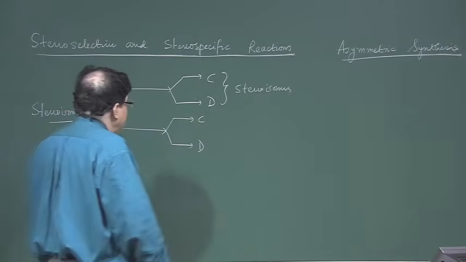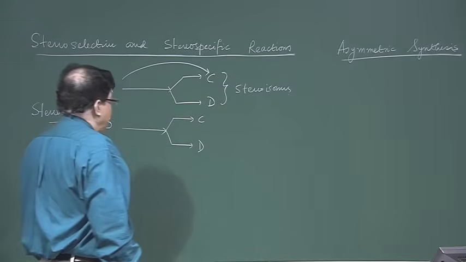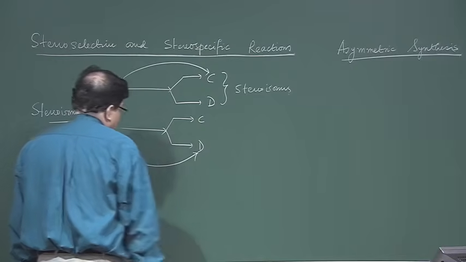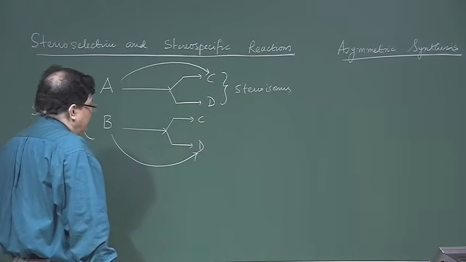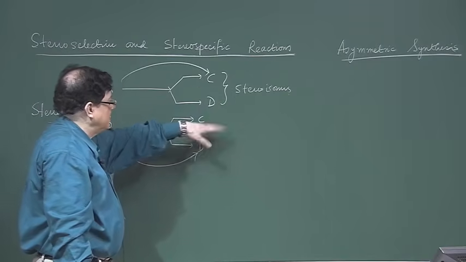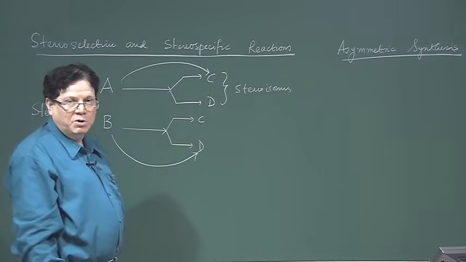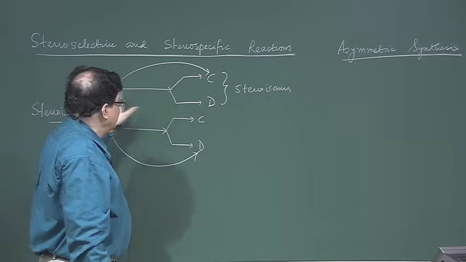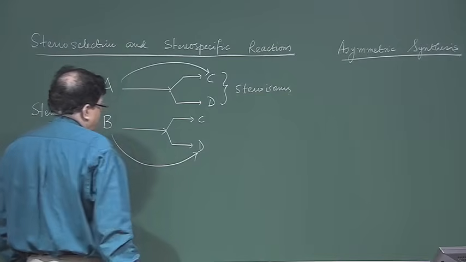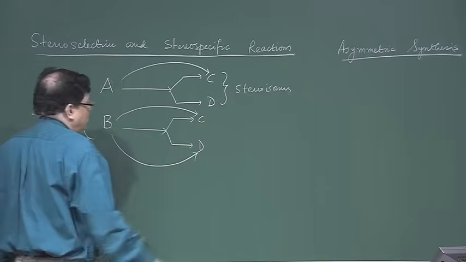Now, what can happen in many cases, suppose A only gives C and B only gives D. Okay. Then in that reaction, one set of stereoisomers is gone in the product. So, only one major stereoisomeric product is obtained, A going to C and not D, and B going to D, or B can also go to C. So, a lot of possibilities.